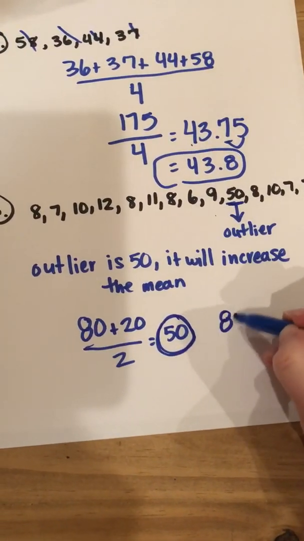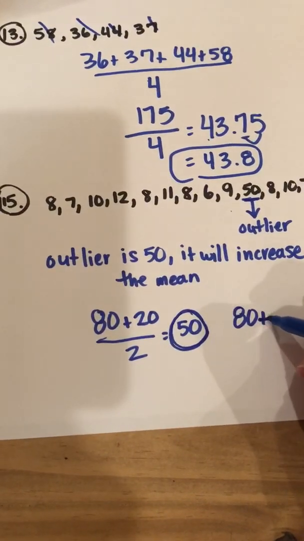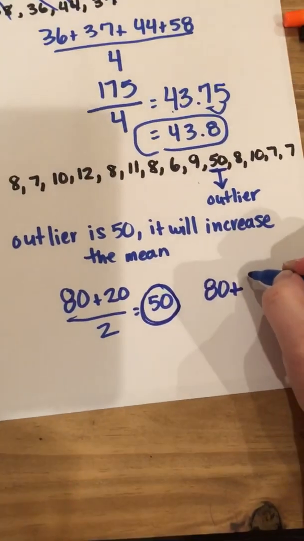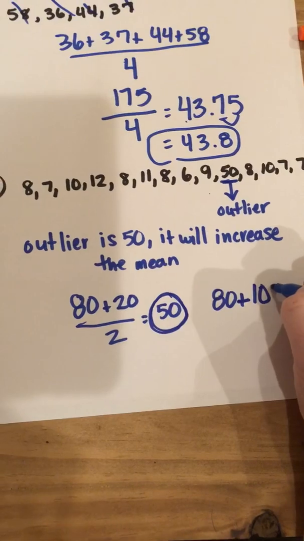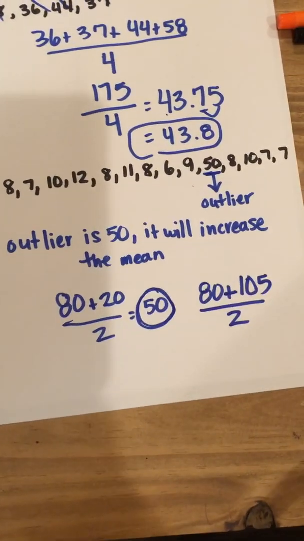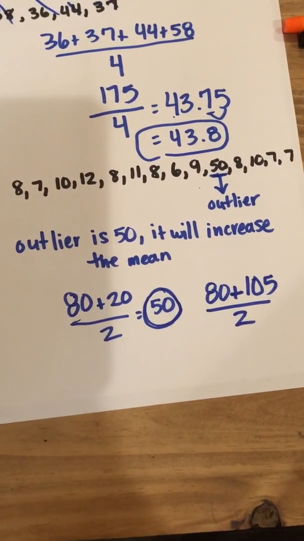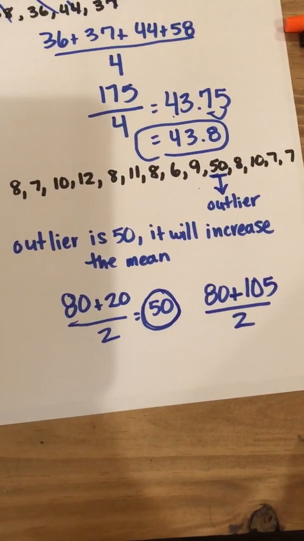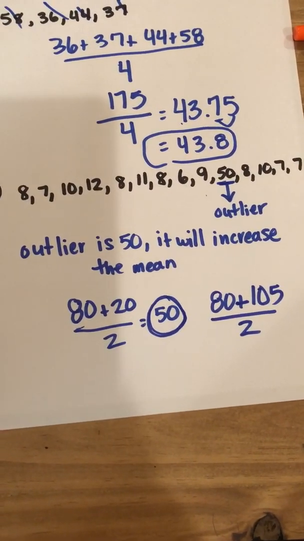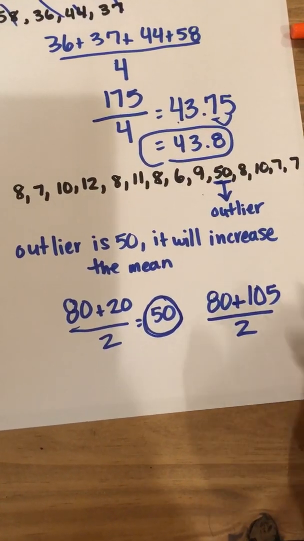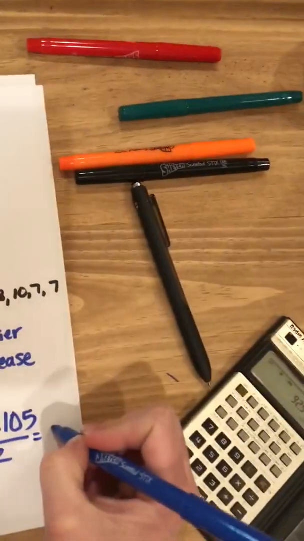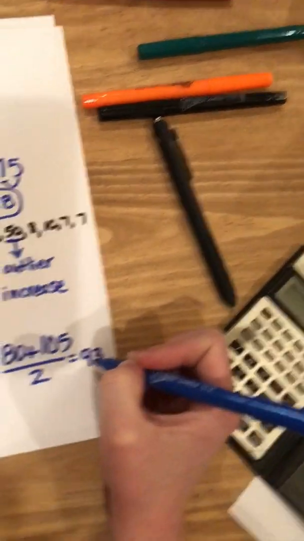But let's say your average is an 80 and you got 105 on a test. Let's see what that does to the mean. If 105 was my outlier, it would be 92.5, and I'm just going to round it to 93.